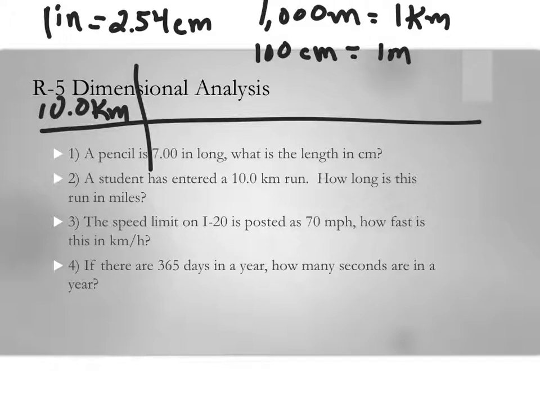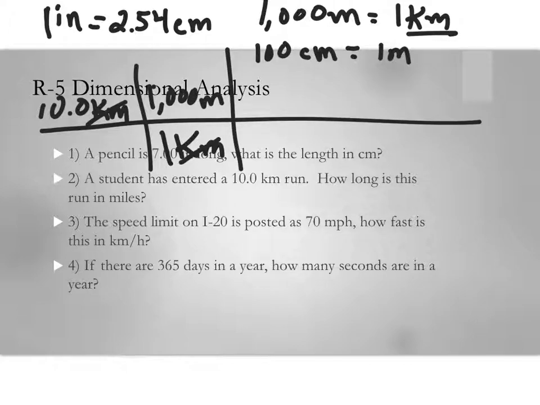So you have to do both of those. The kilometers are what we need to cancel out, so that goes down here. Cancel, cancel. 1 kilometer, 1,000 meters goes right there. But now we need to cancel out the meters, so we put the meters in the bottom and 100 centimeters right there. Meters cancel out.